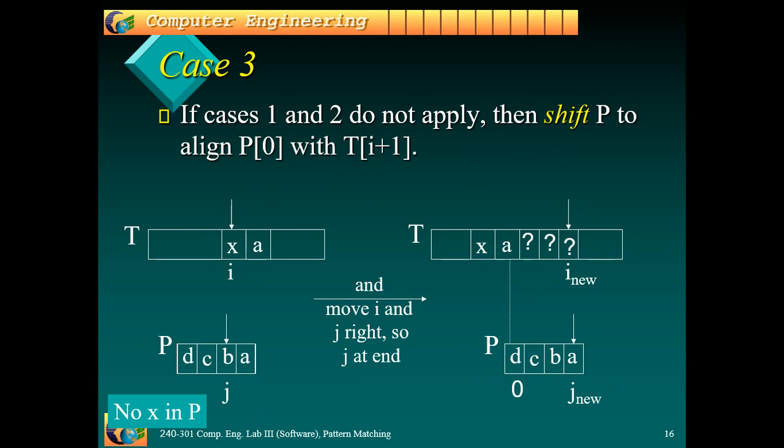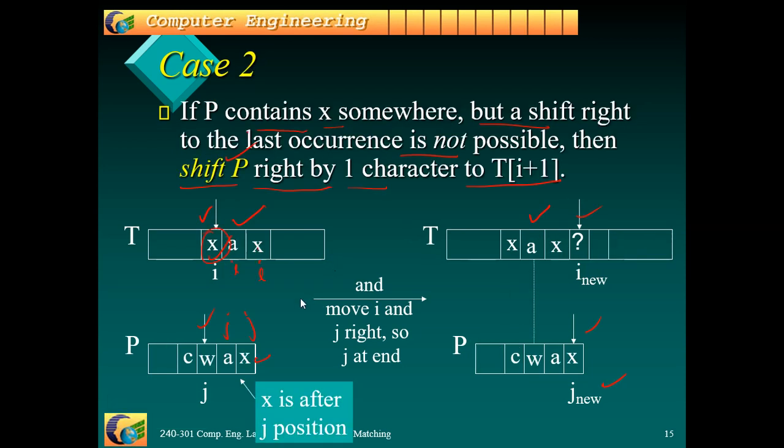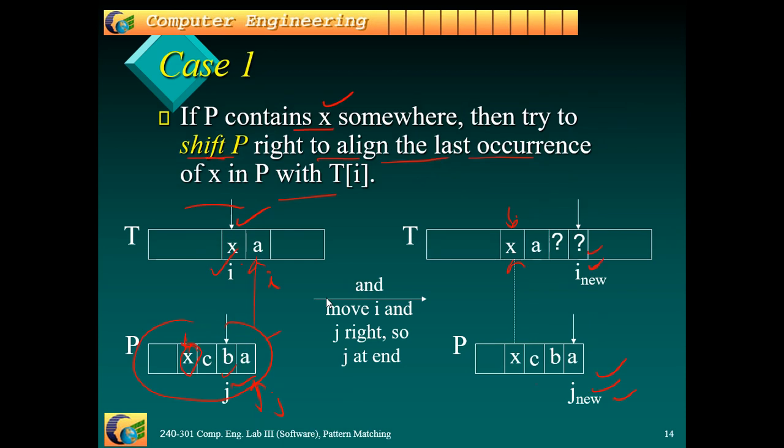Coming to case 3, if case 1 and case 2 do not apply, it means that when there is a mismatch for a particular character, that character is not at all available. If that character is available, and the last occurrence of the same can be aligned by shifting the pattern right, then we go with case 1.